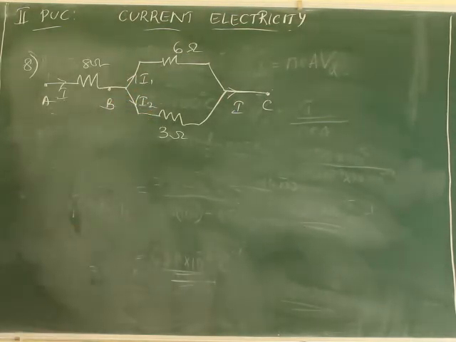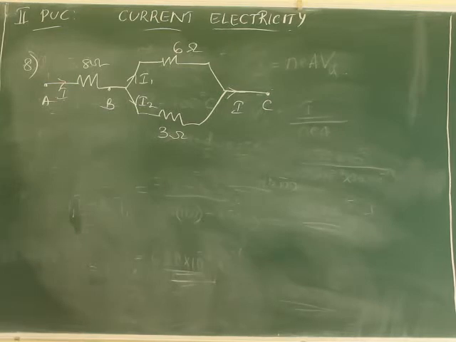Correct? This is your diagram. Fine. You have to calculate the resistance between A and B of the following circuit. What is the resistance between A and B?